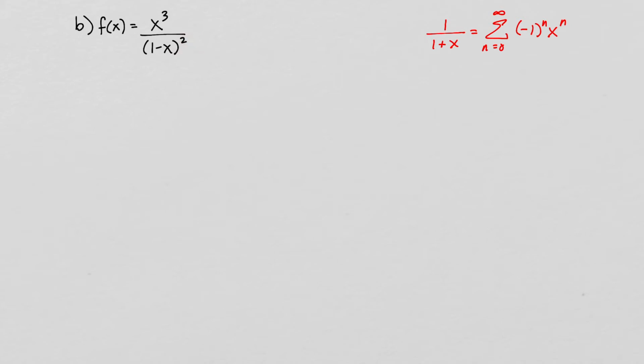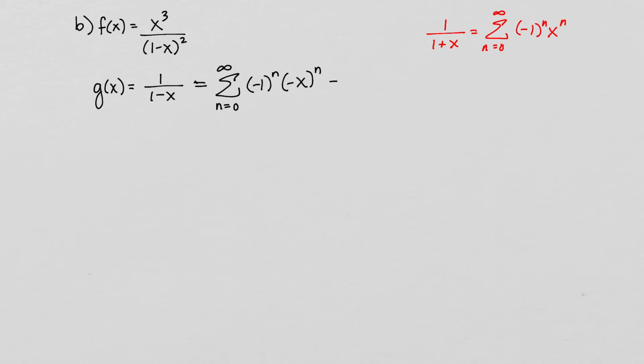So if I think about starting with the function g of x, instead of being just 1 over 1 minus x, that I know how to rewrite. I could rewrite that as the summation n equals 0 to infinity of negative 1 to the n, and then I would have minus x to the n.